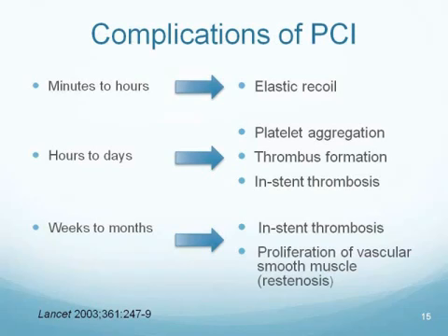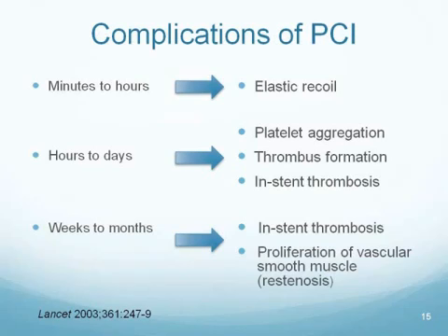Another problem that was a result of putting in the stent was the proliferation of vascular smooth muscle. I mentioned that usually a layer of endothelium will sort of grow over the stent. However, in some cases, there was a much greater degree of vascular smooth muscle to the point where restenosis would occur.